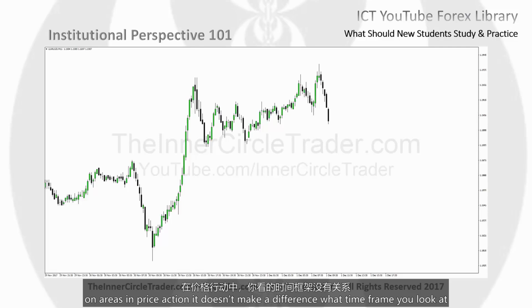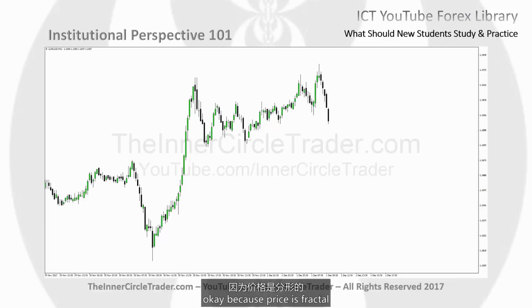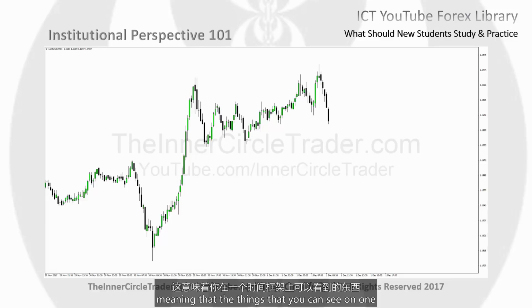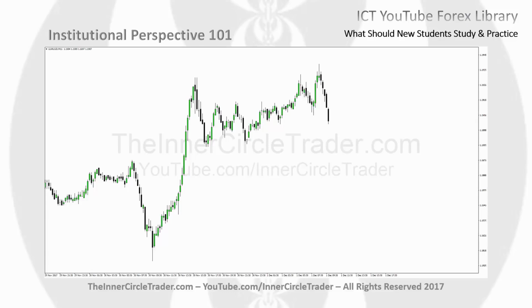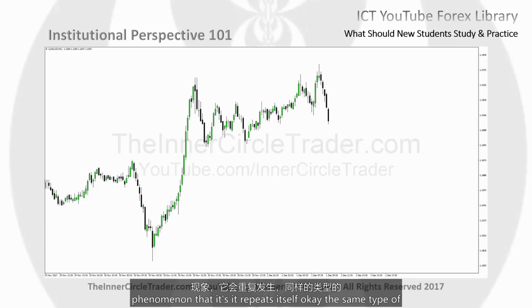It doesn't make a difference what time frame you look at, because price is fractal, meaning the things you can see on one time frame can be seen on the lower or higher time frame as well. It's a phenomenon that repeats itself. The same type of formation or setup can be seen on every time frame.